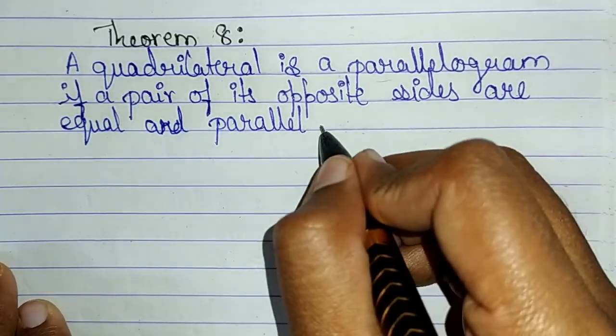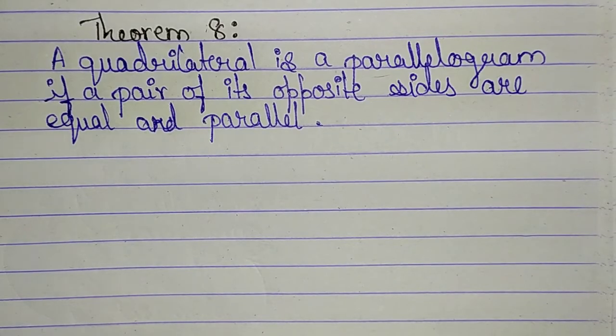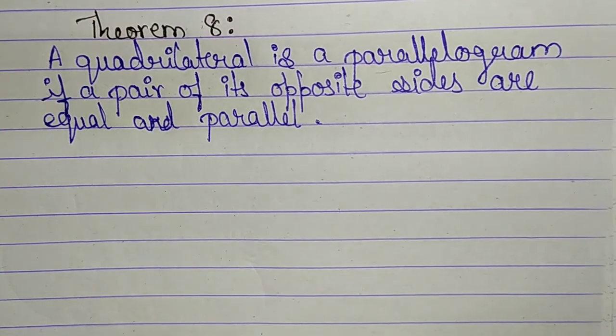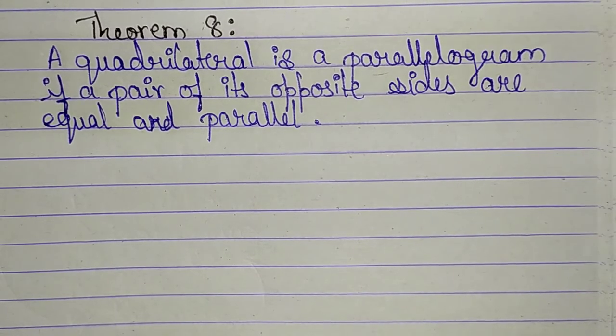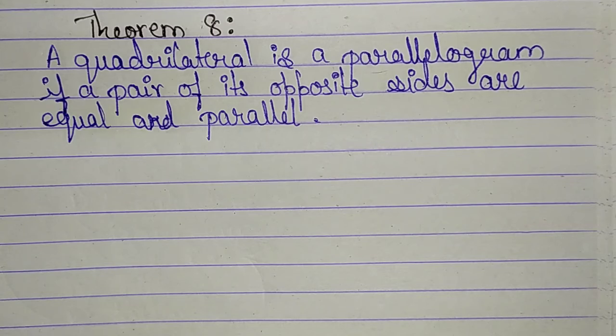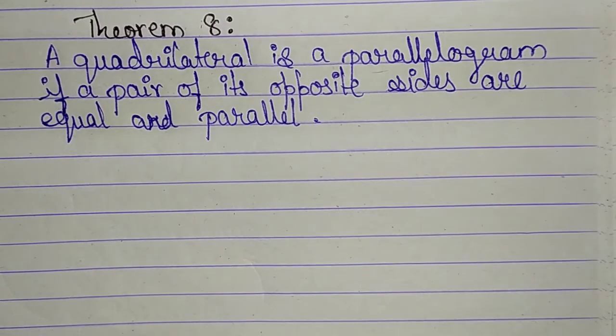This is the last and eighth theorem which sets the minimum condition for any quadrilateral to be a parallelogram. It says a quadrilateral is a parallelogram if a pair of its opposite sides are equal and parallel.